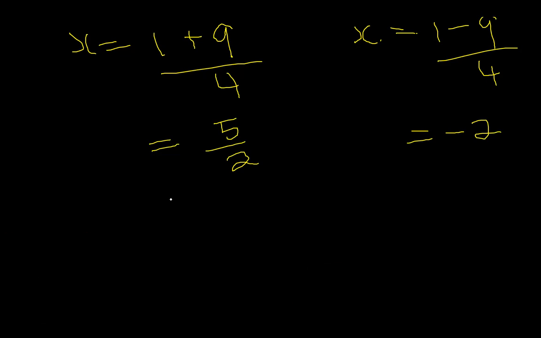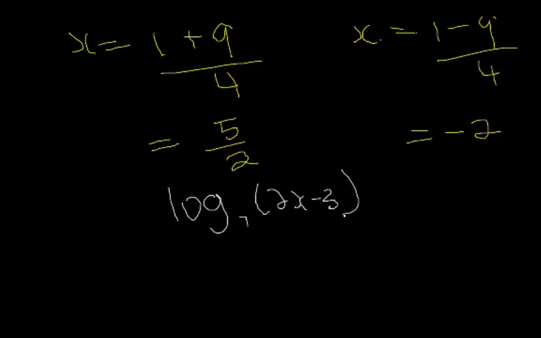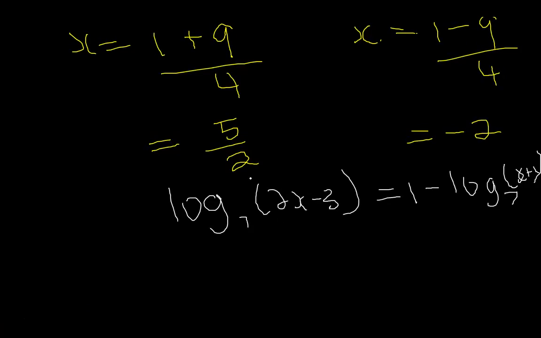The original question was log of 2x minus 3 to the base 7 is equal to 1 minus log of x plus 1 to the base 7. If I substitute this value of x into here, I would be fine, right? Because 5 on 2 times 2 gives me 5, 5 minus 3 is 2, so that's okay. And then 5 on 2 plus 1 gives me 7 on 2, so that's okay as well.